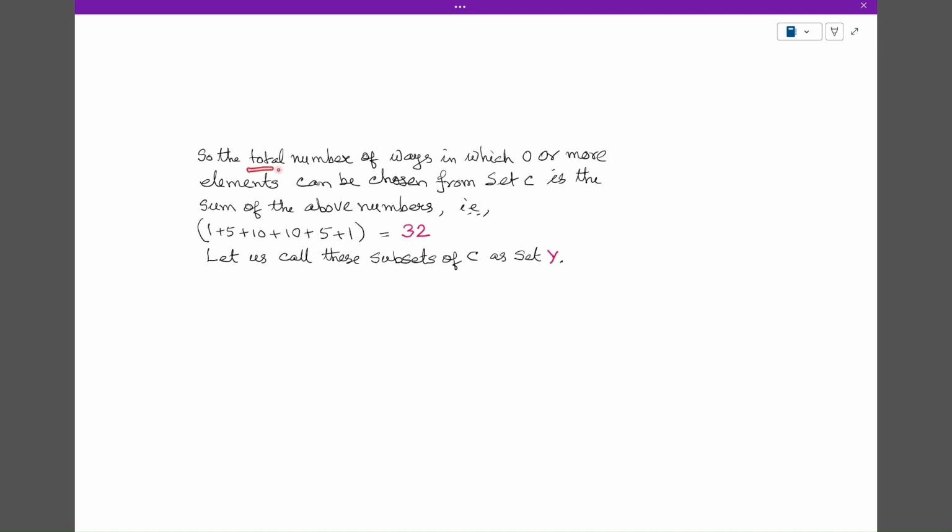So the total number of ways in which 0 or more elements can be chosen from set C is the sum of all the above numbers, that is 1 plus 5 plus 10 plus 10 plus 5 plus 1, which is equal to 32. Let us call these subsets of C as set Y.